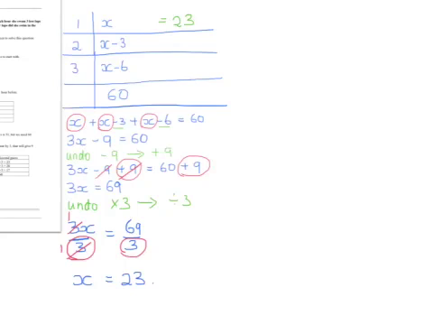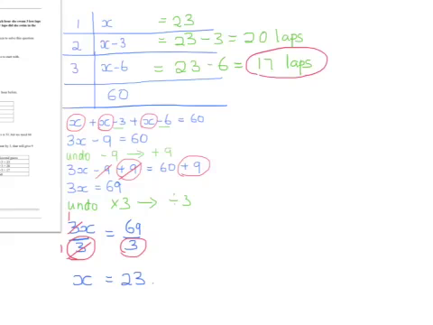So the number of laps in the second hour will be x minus 3, which is 23 minus 3, which is 20 laps. And in the third hour, x minus 6, which is 23 minus 6, 17 laps. The answer to our question, how many laps swam in the third hour?